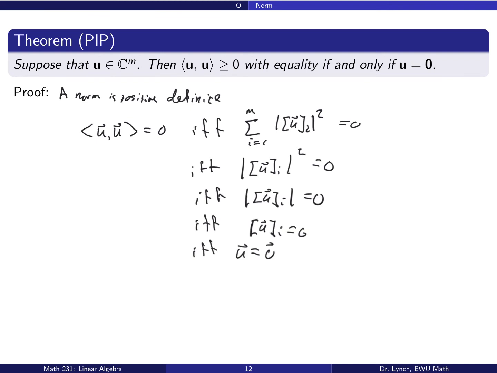Okay, so again, the take-home message is that a norm is non-negative, and the only way that a norm is 0 is when the vector itself is 0. Again, this ends up being super important in projections and things like that, but for the time being, we'll just notice that a norm is positive definite.